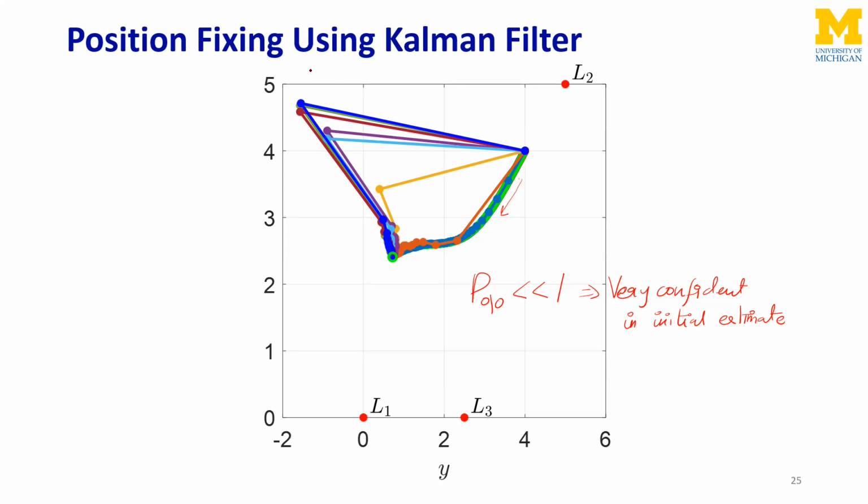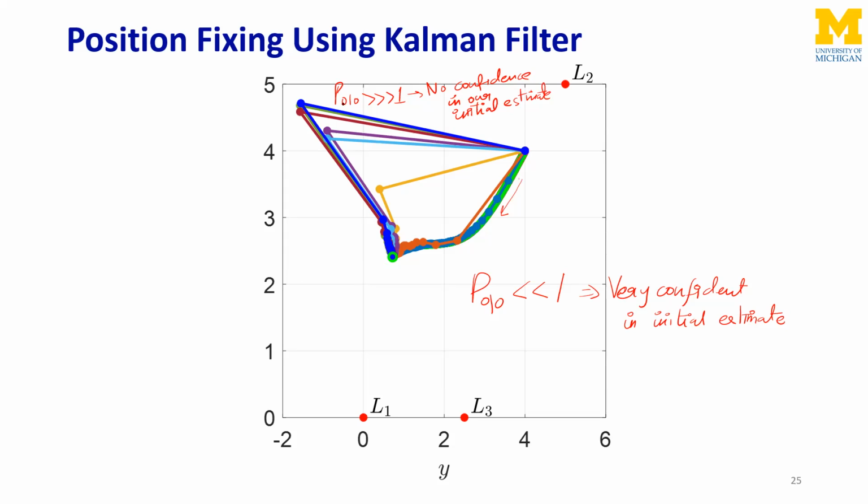But if P naught is very high, which means no confidence in our initial estimate, we are basically going to react very strongly to the measurement. We are going to make huge jumps, and then we are going to immediately lock into the true values.